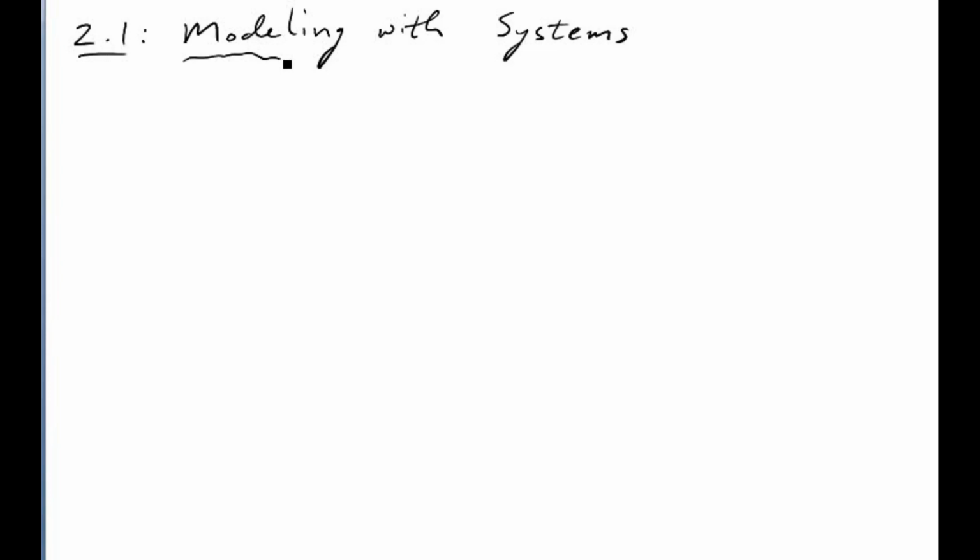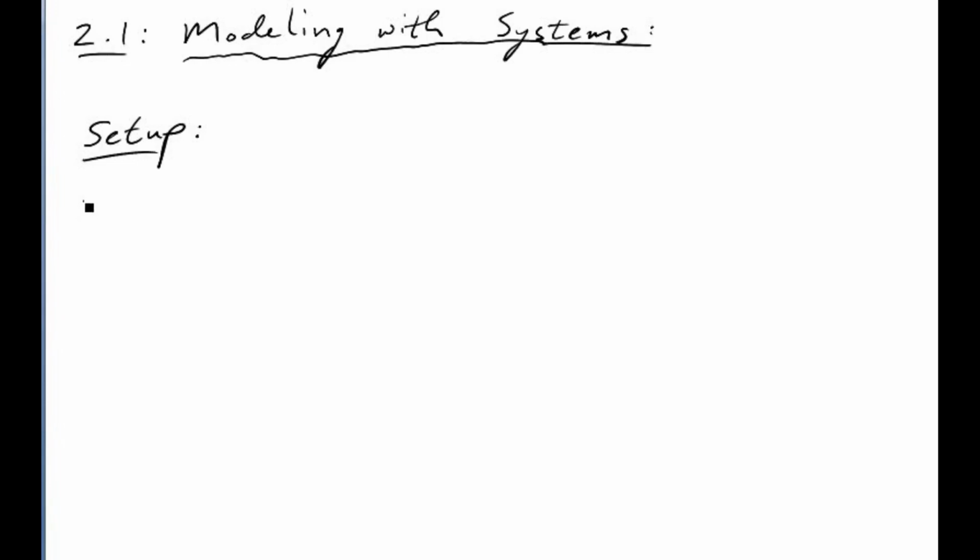All right, so first off, what are we talking about? Systems of differential equations. Well, let's just think about what that means. So a system of equations, you might remember, is a collection of equations that share the same variables, and a system of differential equations is not so different.